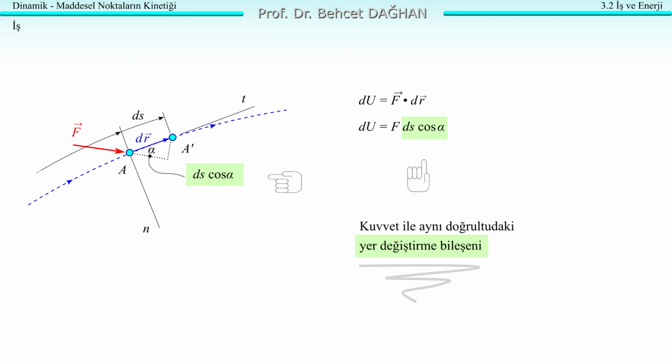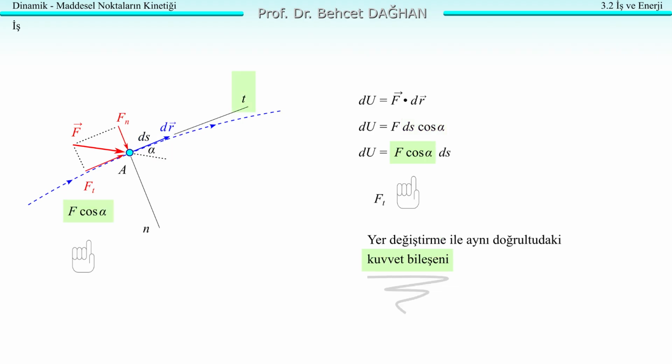This is one alternative. Second alternative, if we put cosine alpha next to F, let's see what F cosine alpha is. F cosine alpha is the projection of the force onto the displacement. It's the projection onto the direction of the displacement, that is, the tangential axis.